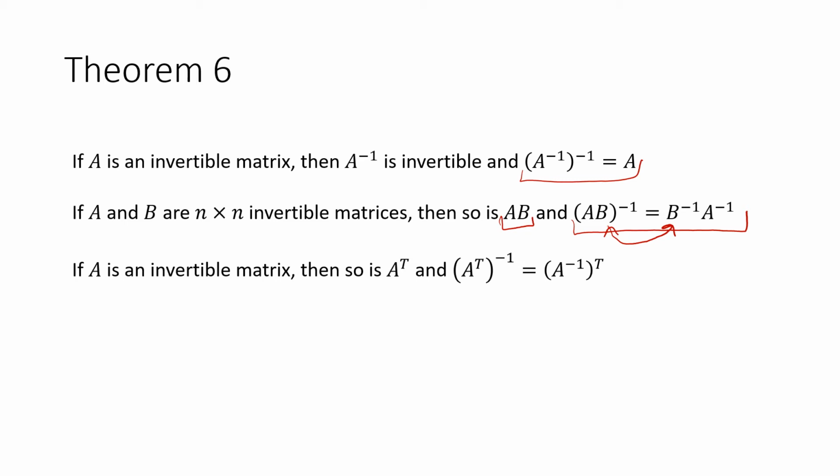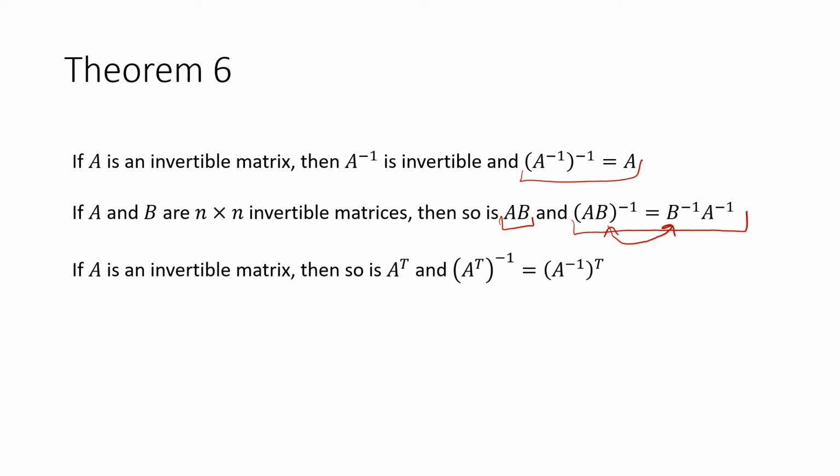This again has a similarity to when you're dealing with numbers, but when you multiply matrices together and then take the inverse, you can do the inverses separately, but you have to change the order. This is very similar to what we saw with transposes last time. When you take the transpose of a product, it's the product of the transposes where the order is flipped. Same idea with inverses, and you have to flip that order.